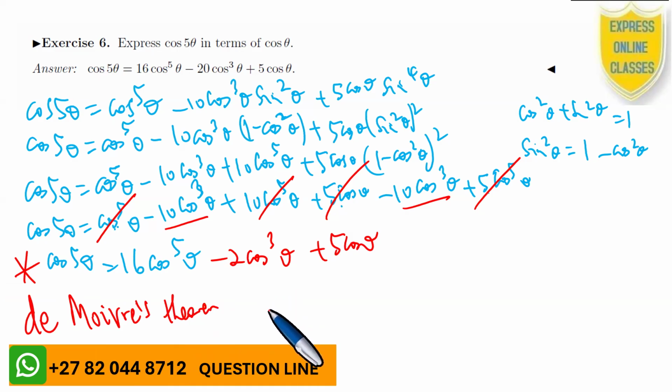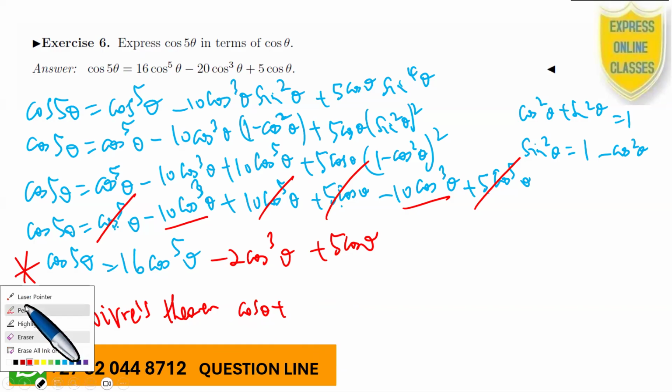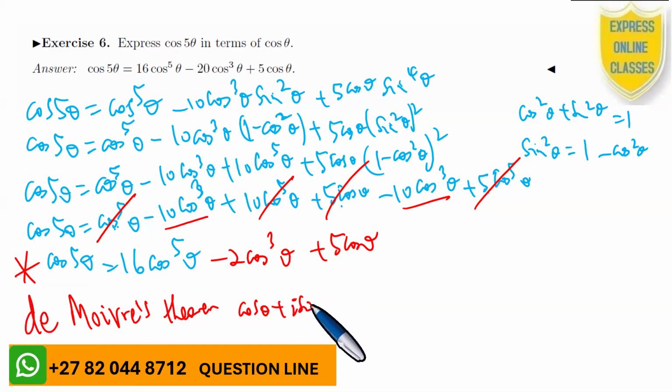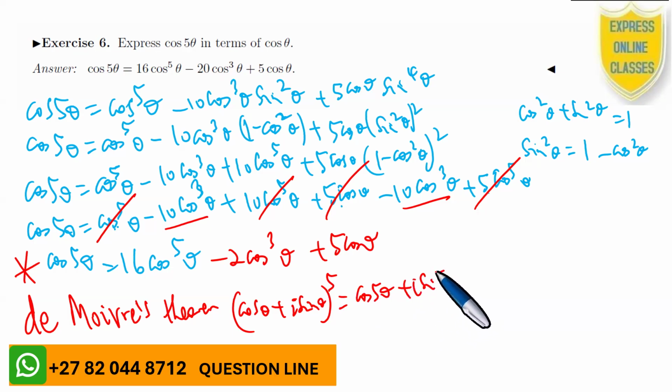So de Moivre's theorem would be: when you have cosine theta plus i sine theta, you raise it to the power 5. It is cosine 5 theta plus i sine of 5 theta.